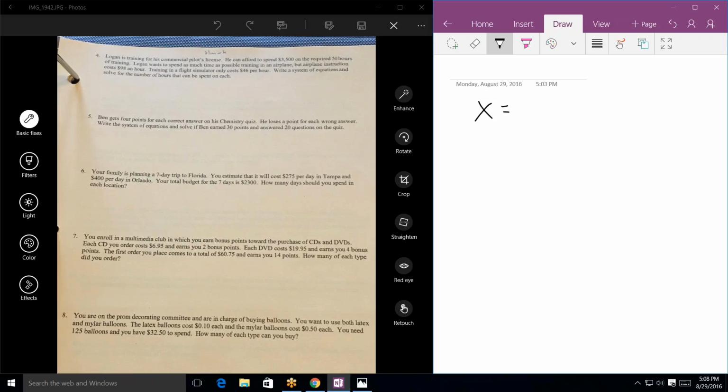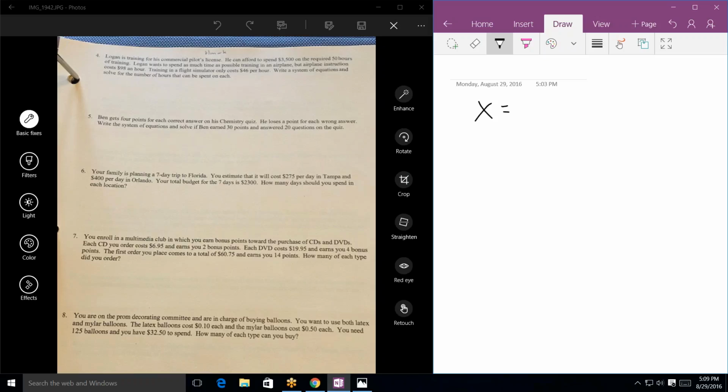Hold on, let me reread it. I always go to the end first, always. Okay, so he's got training and he's got instruction. So X, what should we let it be?